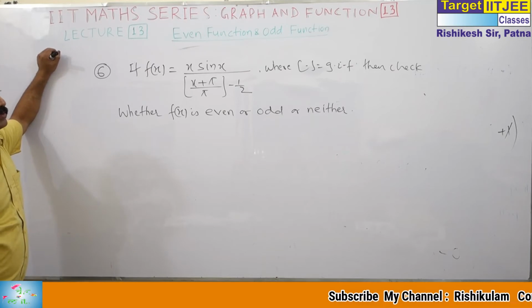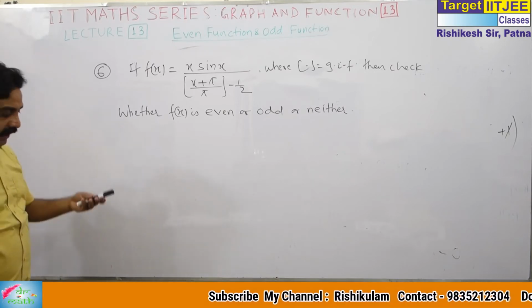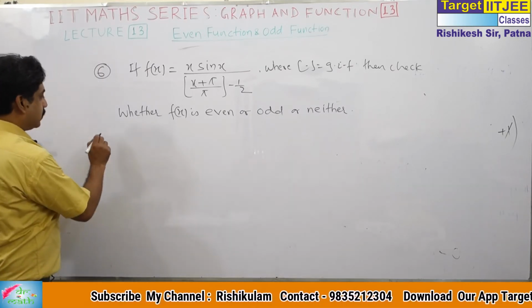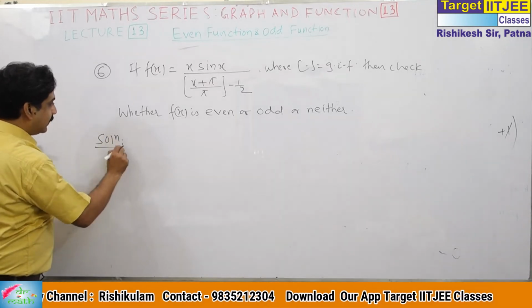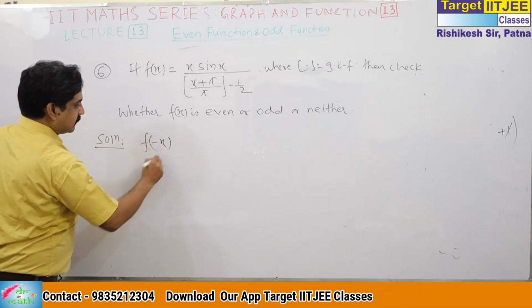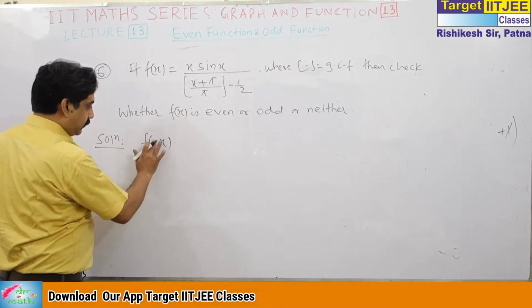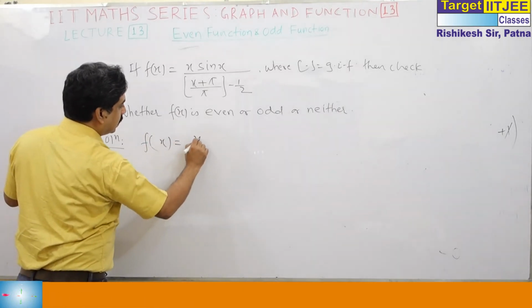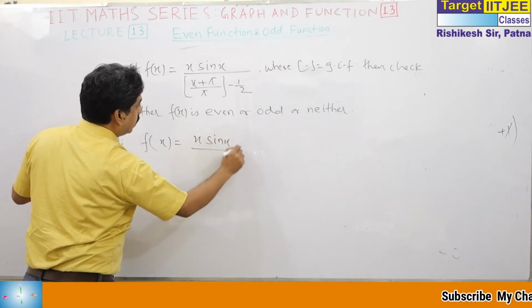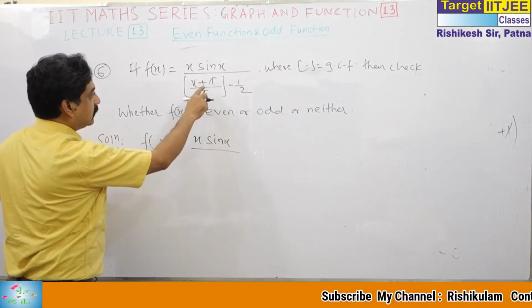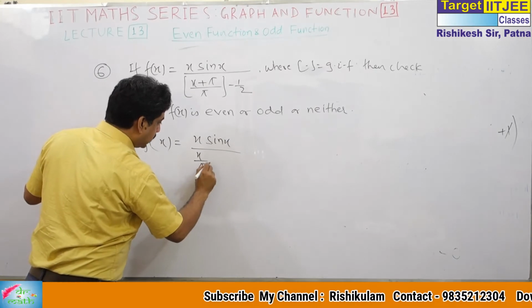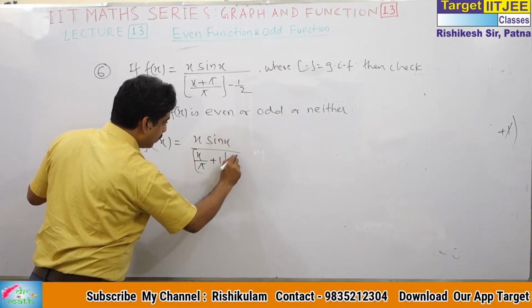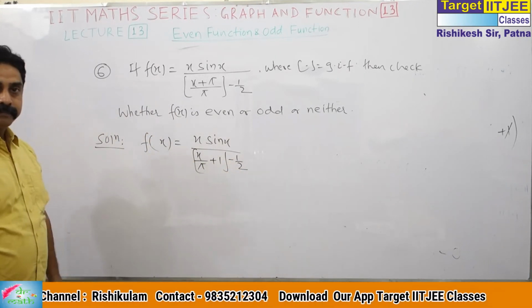Now, very interesting question, this one. Let's see what happens. First of all, let me write f(x). We can write f(x) as x sin x times the greatest integer of (x by pi plus 1) minus 1 by 2.